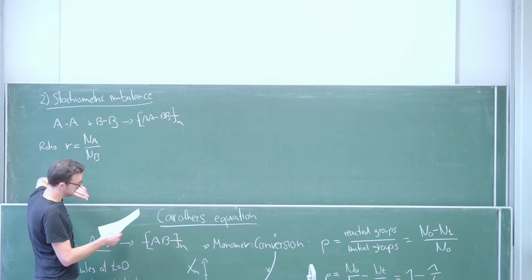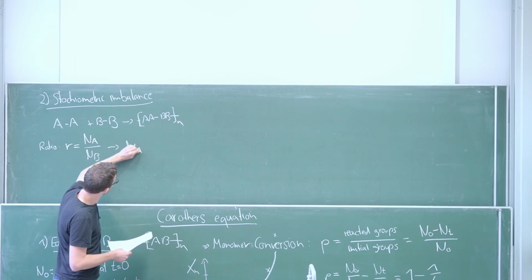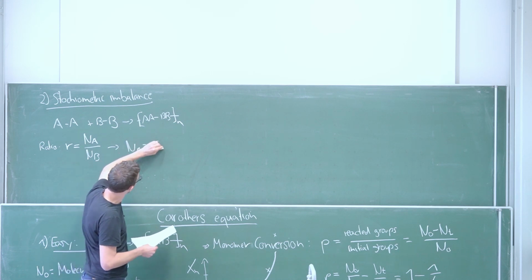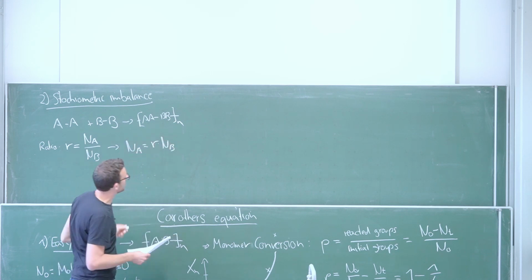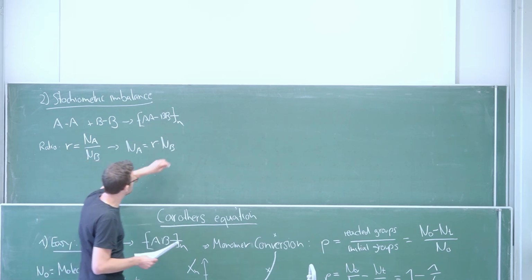And that also means that Na equals r times Nb. And we choose our A's and B's so that r is smaller than 1.